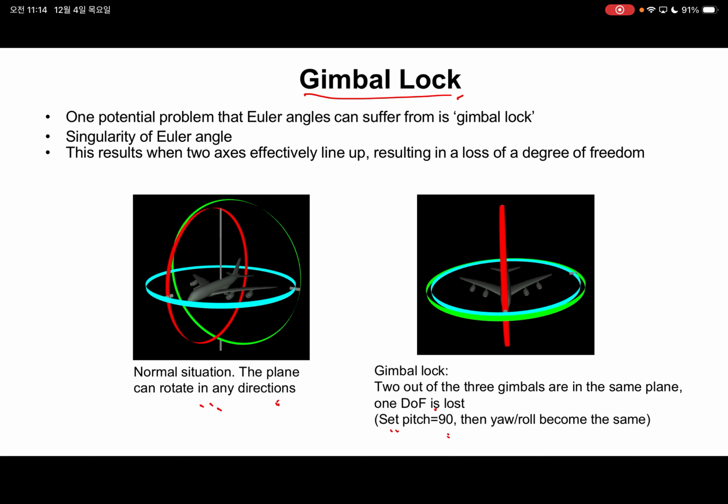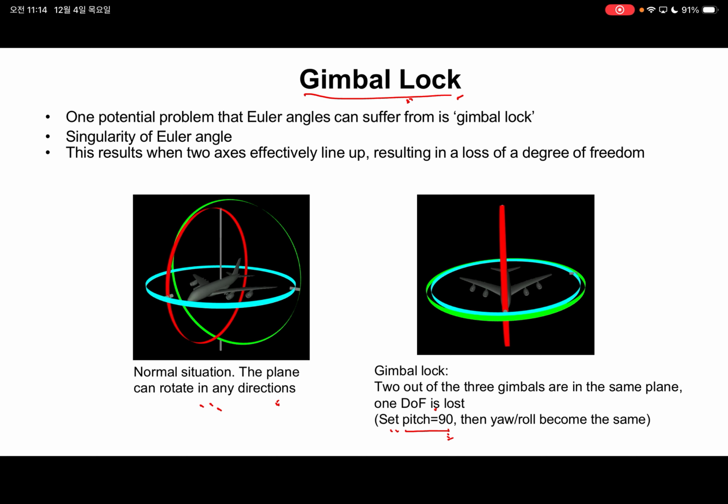Set pitch to 90 degrees, and then just change yaw and roll. Then they rotate the aircraft in the same way. That is called gimbal lock, the singularity of Euler angles. So we need to be very careful when using Euler angles. Imagine you're controlling the aircraft, but now we only have 2 degrees of freedom.